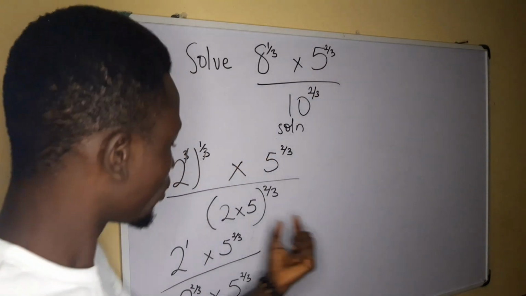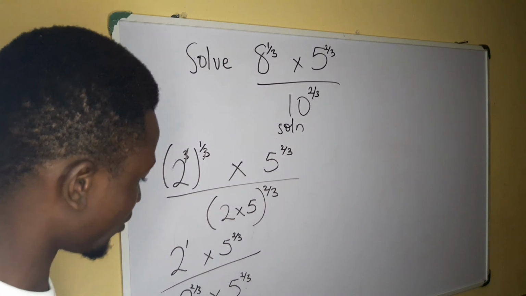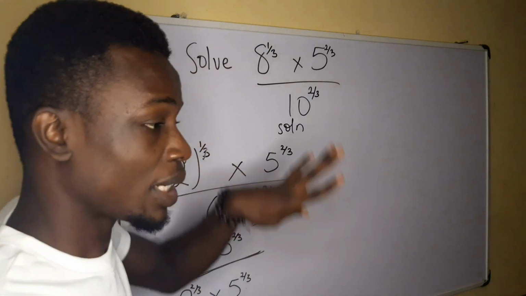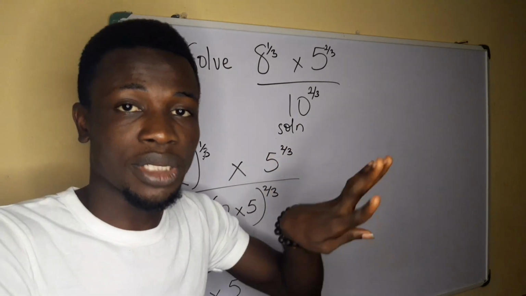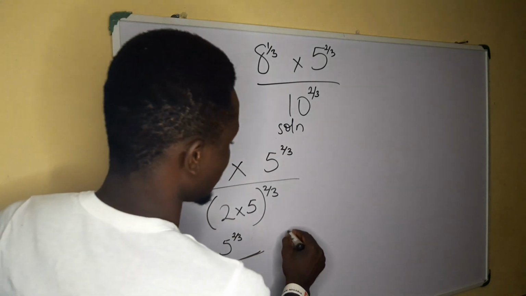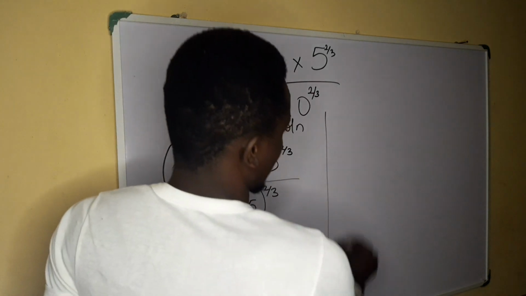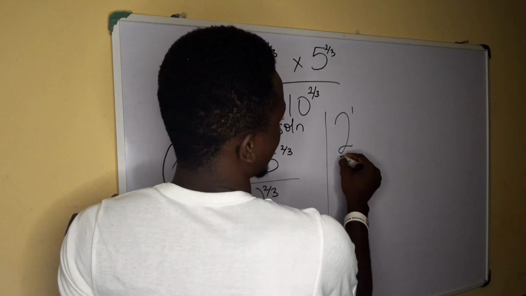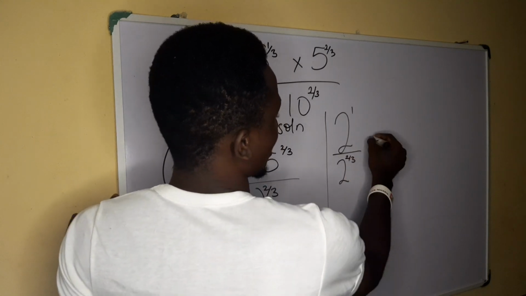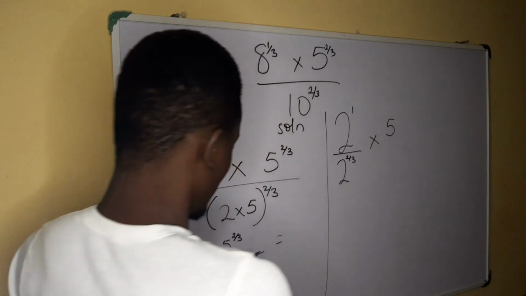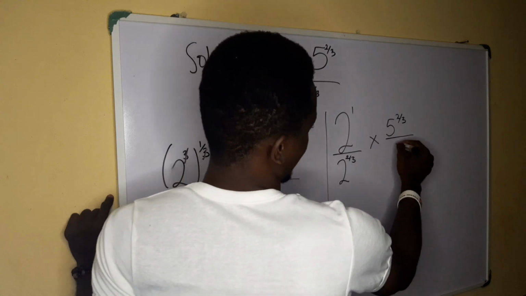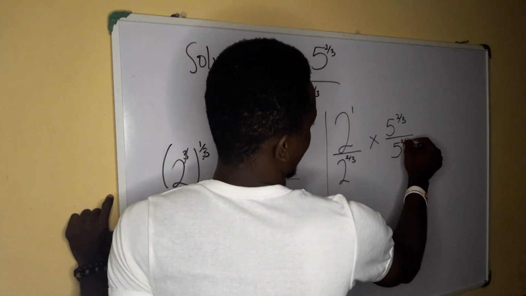So the next thing I'm going to do here now is, these things are looking very familiar. Since it's division that is separating both of them, I'm going to separate it in terms of division. So this is 2 to the power of 1 all over 2 to the power of 2 over 3, times 5 to the power of 2 over 3 all over 5 to the power of 2 over 3.